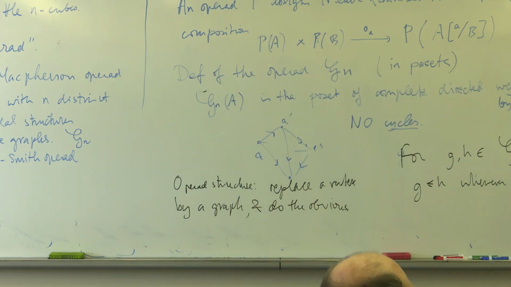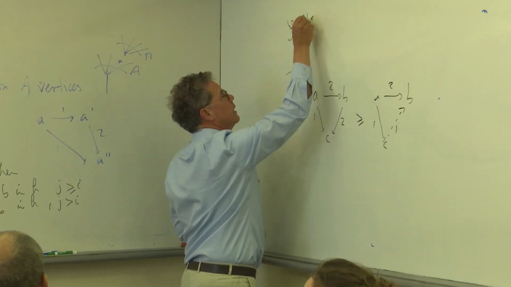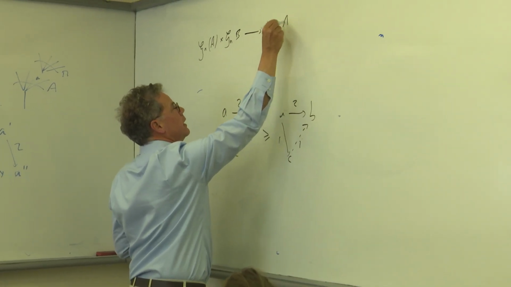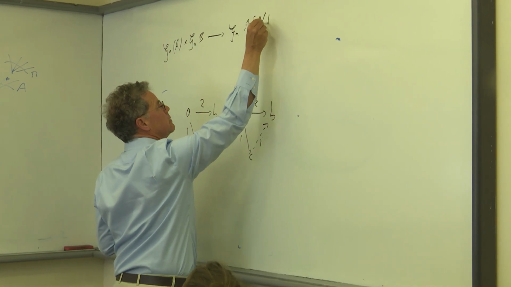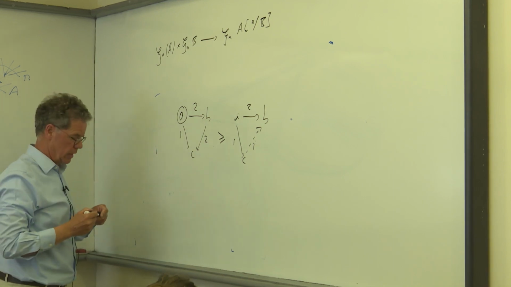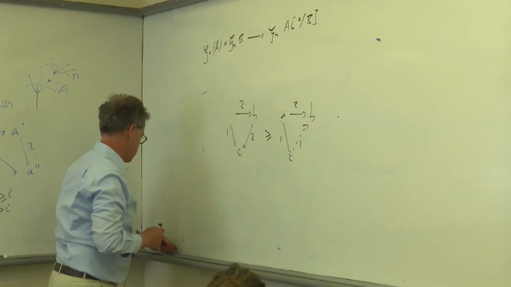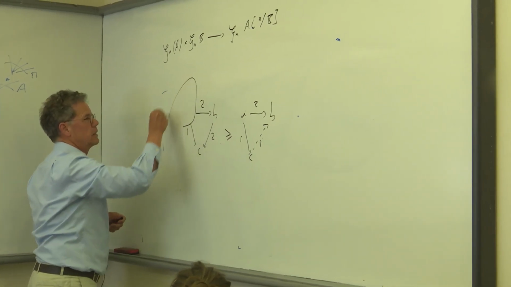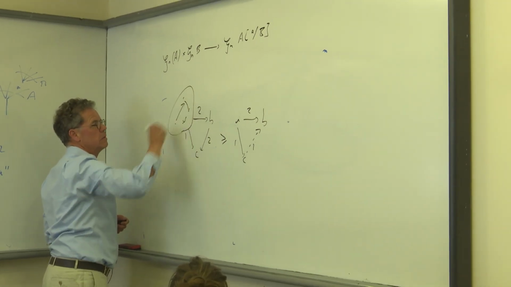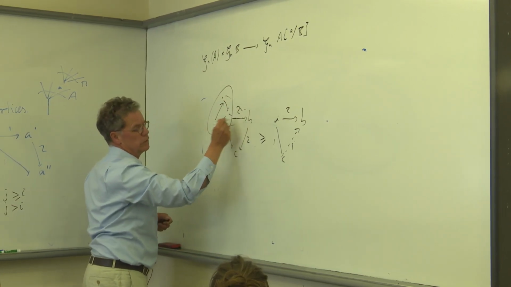So if you have the map from Gn of A times Gn of B to Gn of A with A replaced by B, you pick your vertex named A, and you replace this vertex by the graph which you had here. And this number 2 goes to all these vertices.